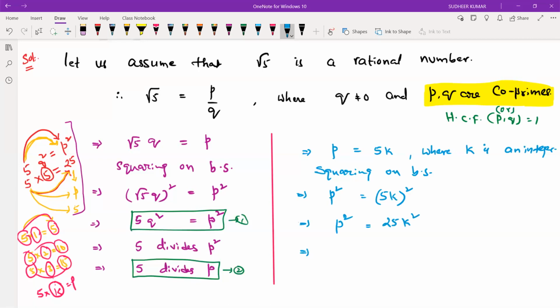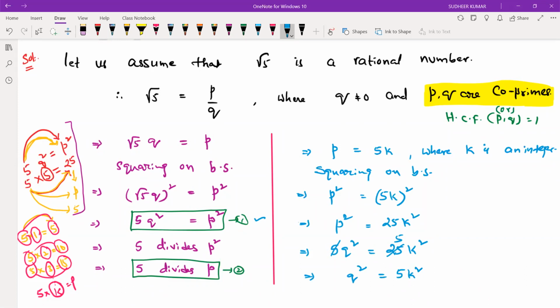From equation 1, can we write P square as 5Q square? Yes. So 5Q square equals 25K square. The 5s are cancelled. So Q square equals 5K square.